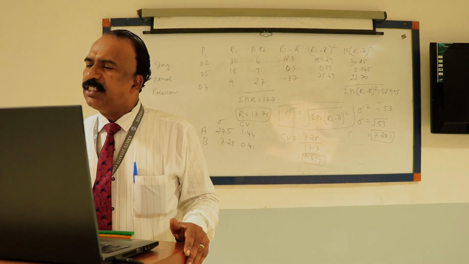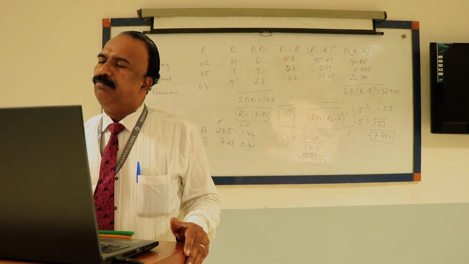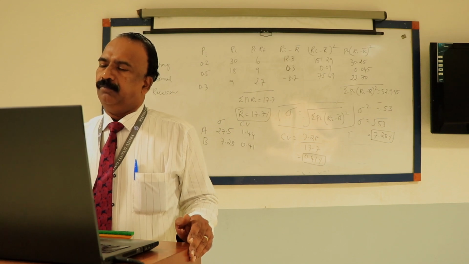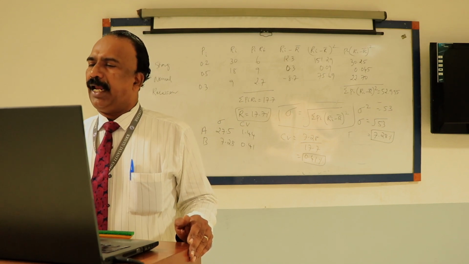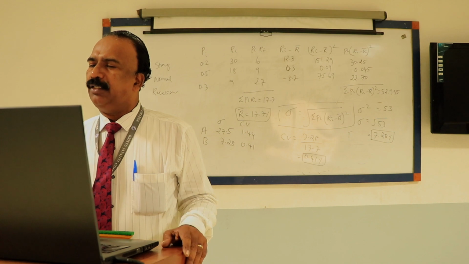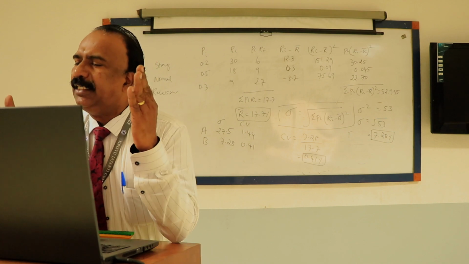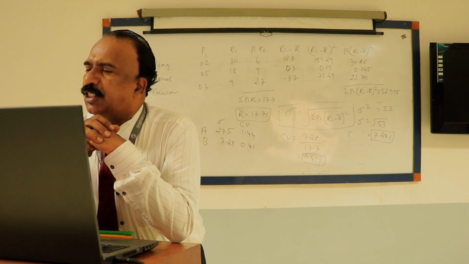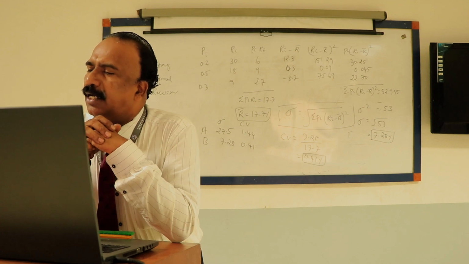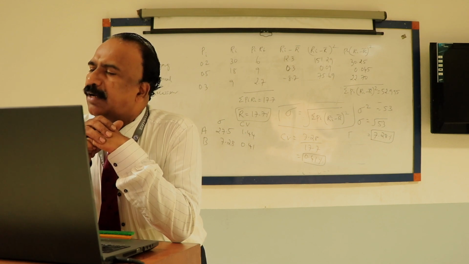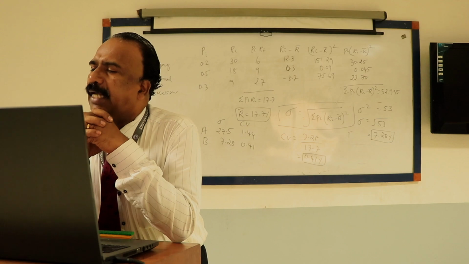So the higher the coefficient of variation, the higher the risk. Any doubts or clarification? We have done how to calculate standard deviation and the coefficient of variation with actual returns, and how to calculate risk and standard deviation when the expected return is given.